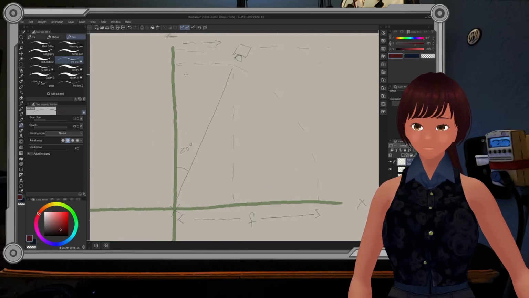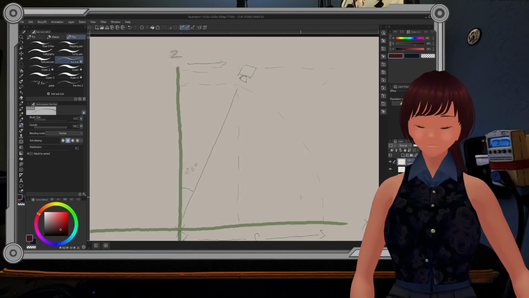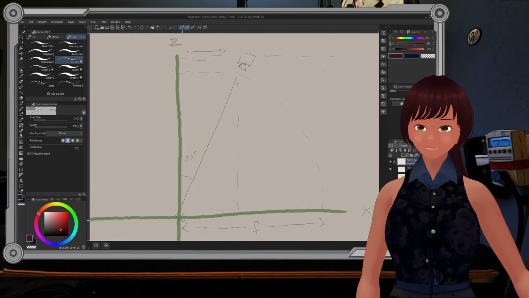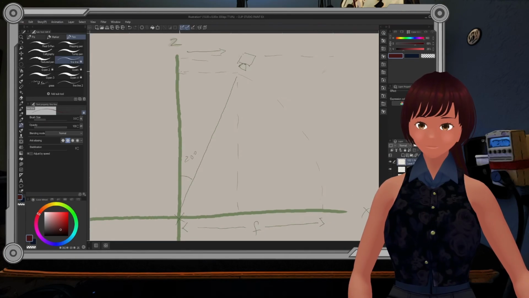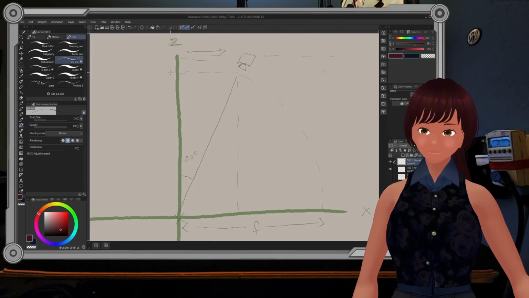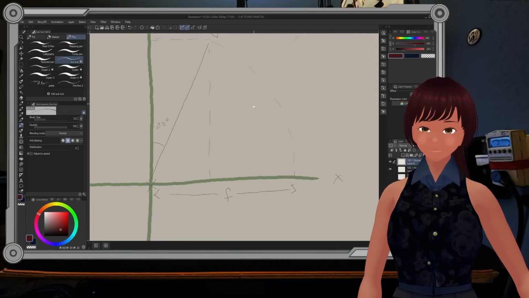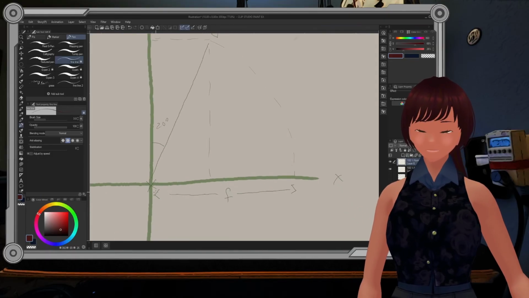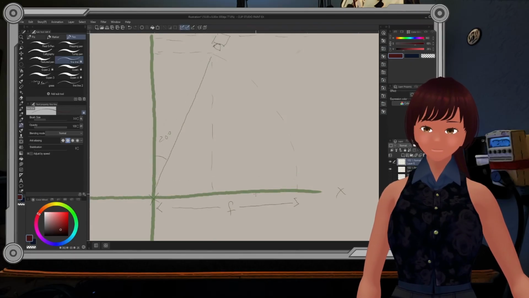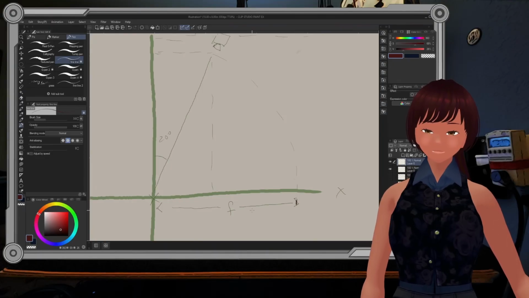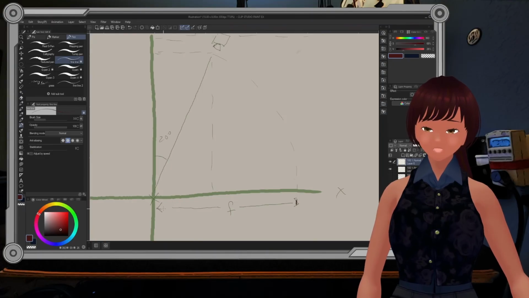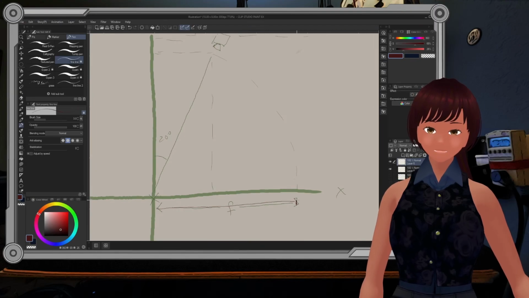Then we'll pretend that is z and this is x. And we're going to go straight forward, and that'll take us the full distance f if we were to do that. But we're not. We're having to deal with this elevation thing. So let's say that we're moving f in this direction, and normally it would reach here. If we were just going straight forward, we would get to here.